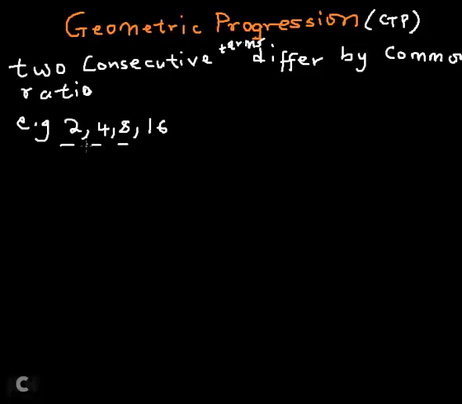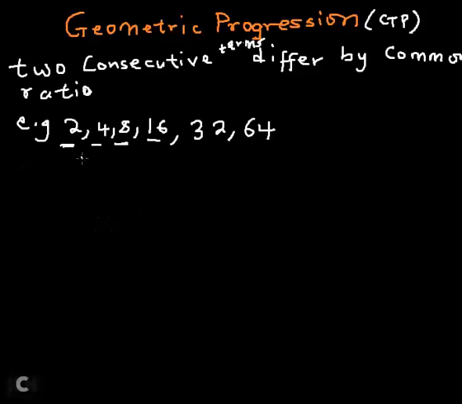So, of course, you know that this is not a common difference. I am not adding to get the next term. The rule is that I multiplied 2 by 2 to get 4, then I multiply 4 by 2 to get 8, then I multiply 8 by 2 to get 16. Which simply means that the next term will be 32, then 64, and so on and so forth.